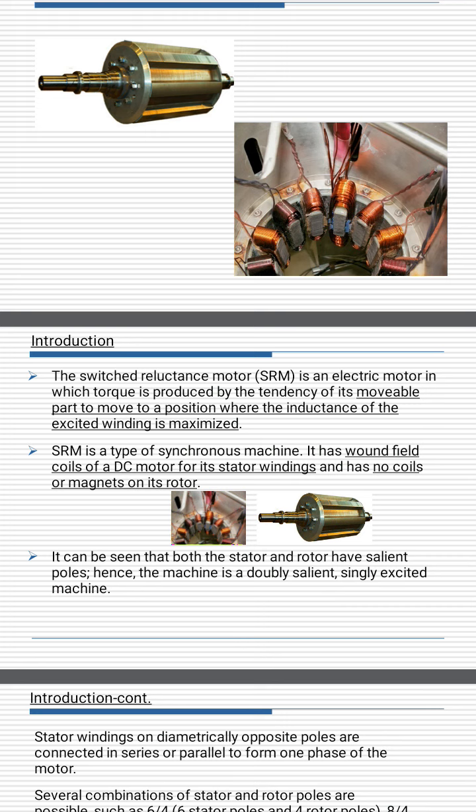SRM is a type of synchronous machine. It has wound field coils of a DC motor for its stator winding and has no coils or magnets on its rotor. It can be seen that both the stator and rotor have salient poles, hence the machine is a doubly salient, singly excited machine.